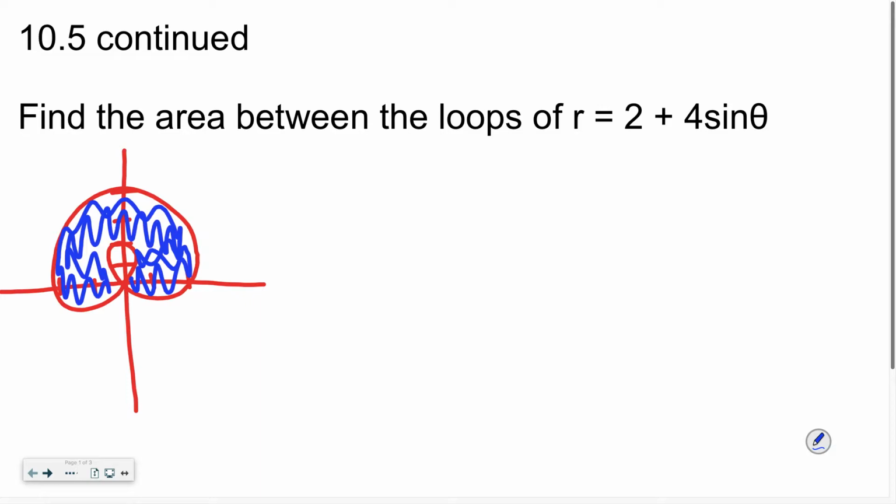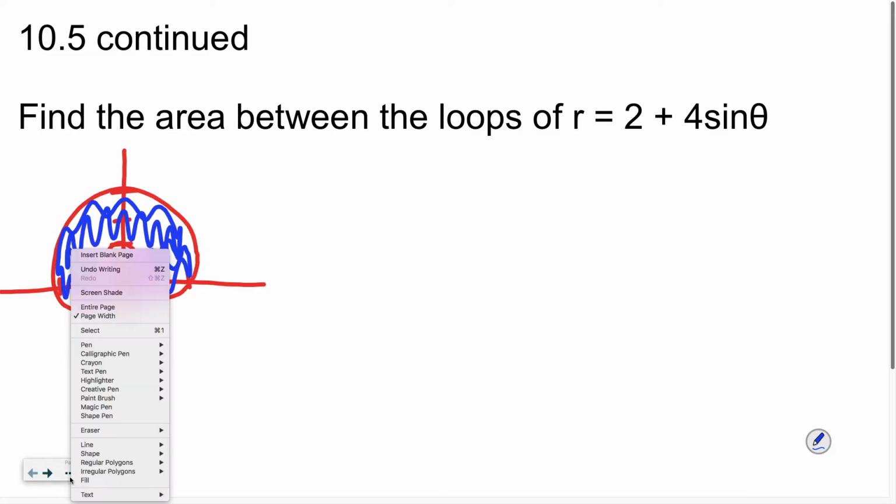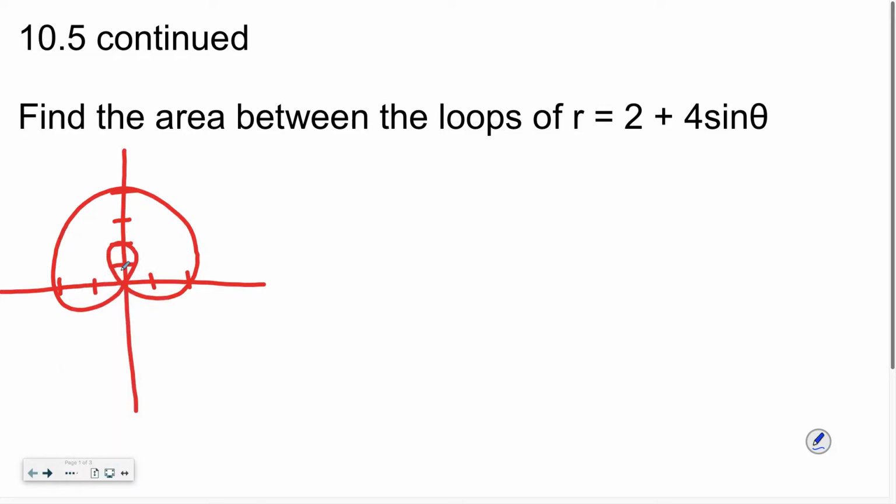Okay, now let's think about this. Here we would begin. Here's pi. 0. And here's pi over 2. Okay.